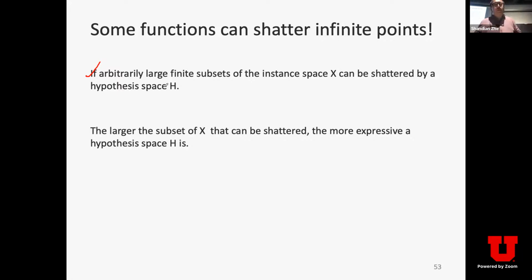When we say hypothesis space H can shatter an infinite number of points, it just means you can pick arbitrarily large finite subsets from those points, and they can be shattered by our hypothesis space. It doesn't really mean you consider labeling over infinitely many points and see if you can shatter that or not. The definition is not like that.